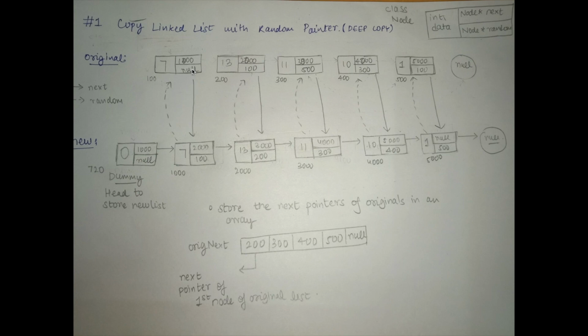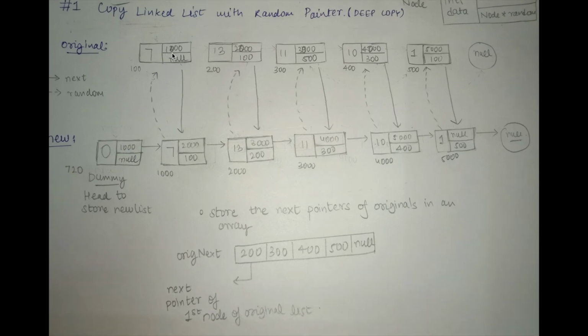The second thing we'll do is make the next pointer of the original nodes point to their corresponding nodes in the new list, like this. The next pointer is storing the memory address 1000, so it's pointing to the first node here, like this.